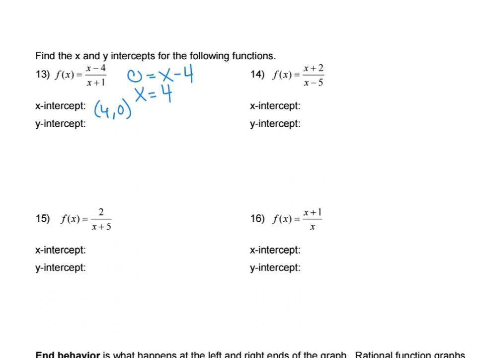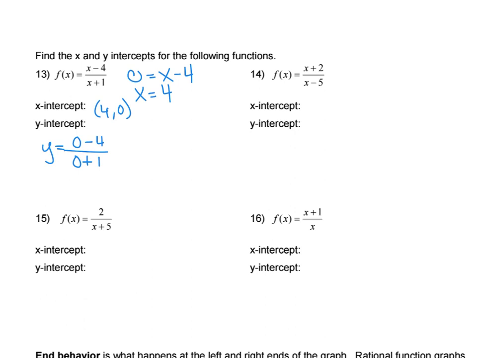Now the y-intercept portion, we do not set the entire equation equal to 0. We plug in 0 anywhere we have an x. So y equals 0 minus 4 over 0 plus 1. I make mistakes too every now and then.